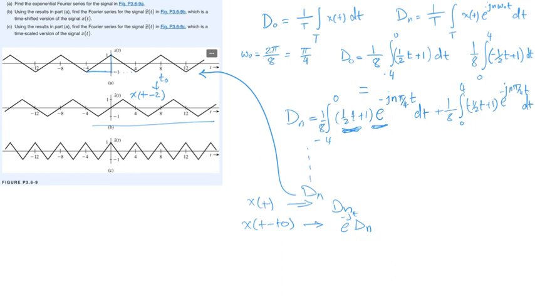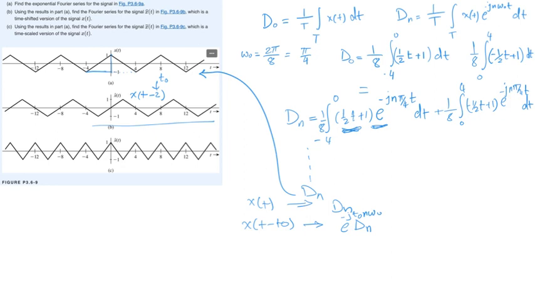No, that's the relation. Shifting, right? It's e to the minus j n omega naught, I am the one who did it. E to the minus j t naught n omega naught, you're right. In this case, the omega naught is the same as the previous.